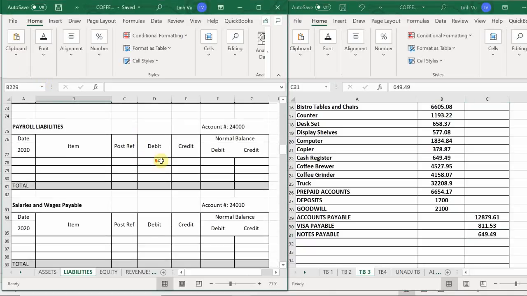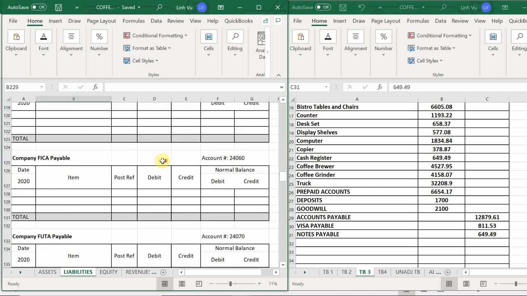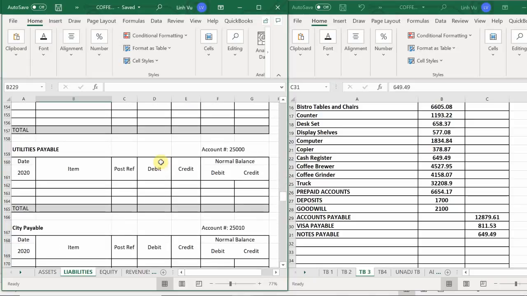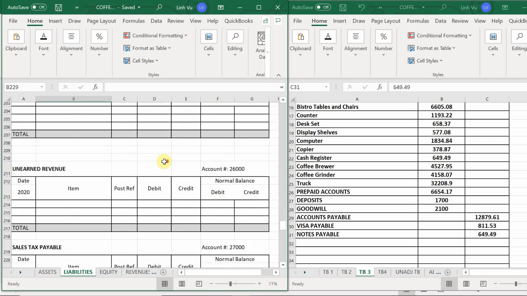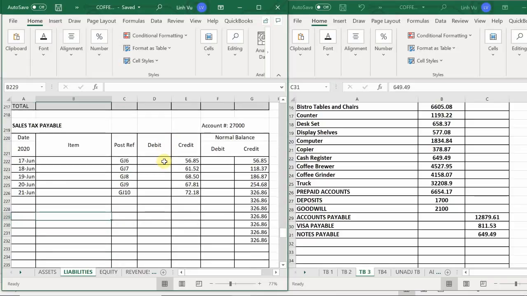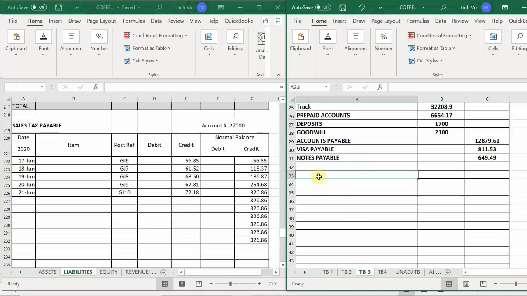We haven't done payroll yet, so we can skip all of these payroll accounts. We haven't had unearned revenue yet or utilities payable, so none of those. But we did have some sales tax payable because we opened our shop, so we owe the government some sales tax money.